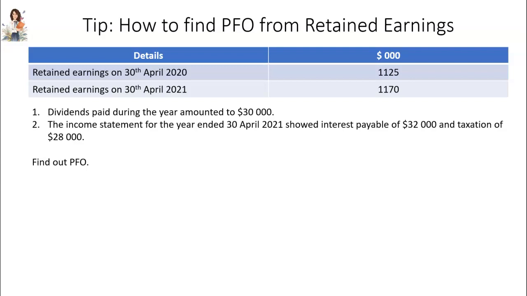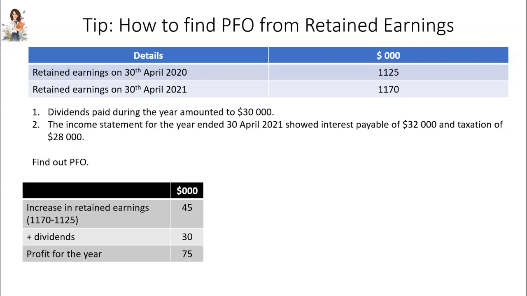Now we have seen in the previous slide that when we have to find out the profit for the year from retained earnings, using the formula increase in retained earnings plus dividends will give us the profit for the year. So increase in retained earnings in this case would be 1,170 minus 1,125. That means an increase of $45,000 plus dividends, that is $30,000. That is giving us the profit for the year of $75,000.